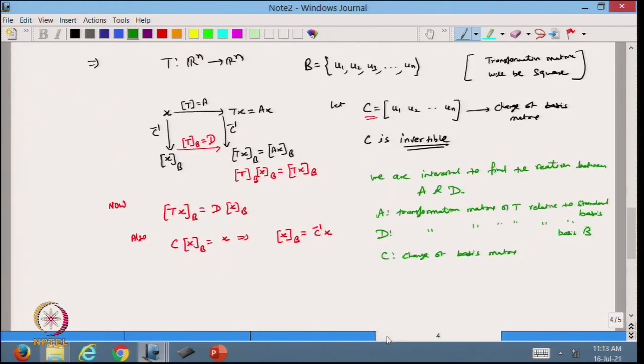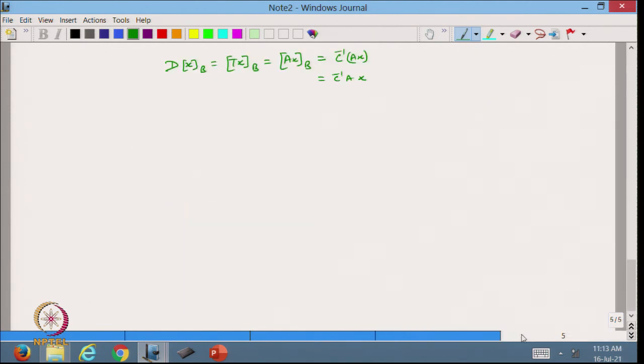Now, the x I can write from here, I can write C inverse A. So, this x I can write as C B, because I know that with respect to basis C, this is equal to x.